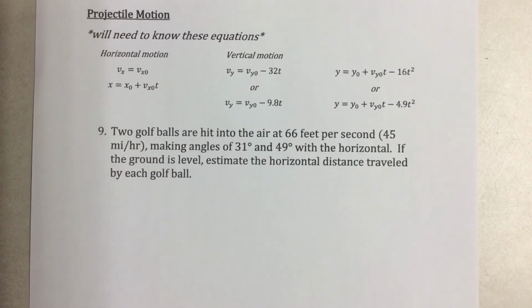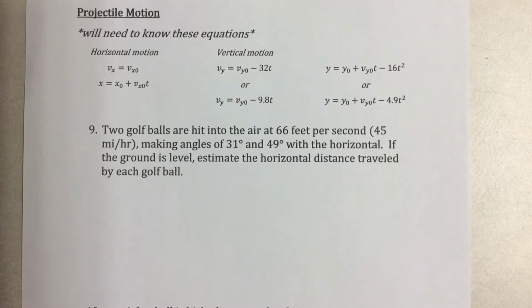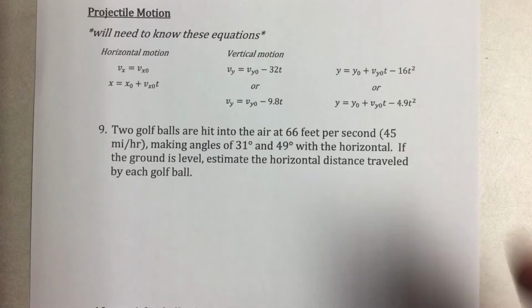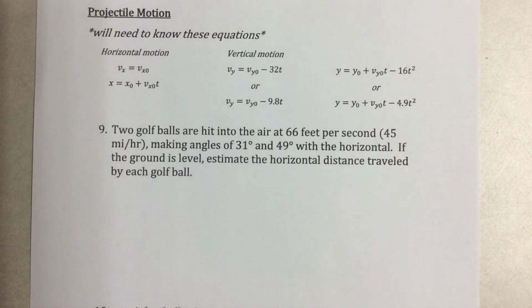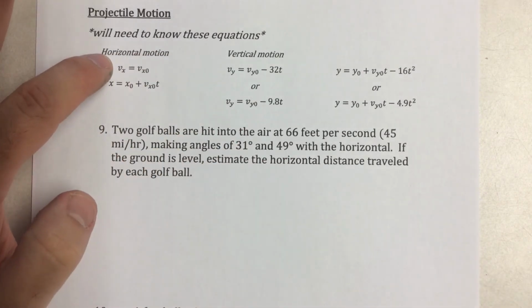Moving on to projectile equations, or projectile motion. So we have our nice little formulas that we get to use for this. I say that we need to know them. Mainly, we need to know how to use them. The first equation, v of x equals v of x sub 0, that's saying that the horizontal velocity is constant.